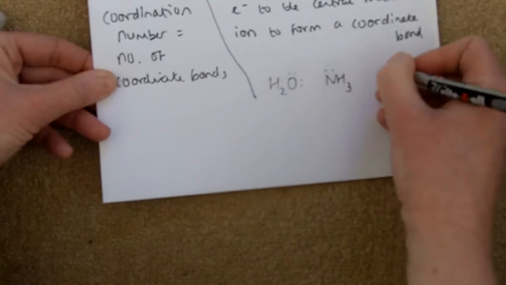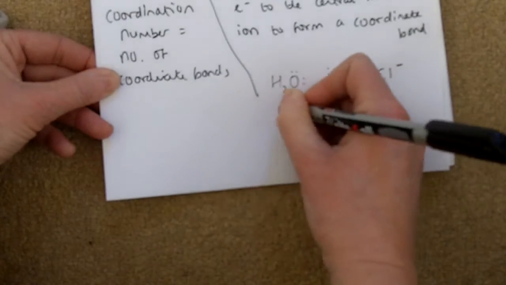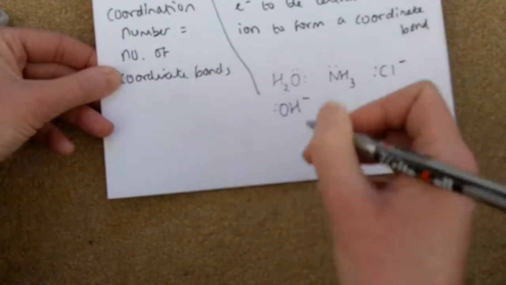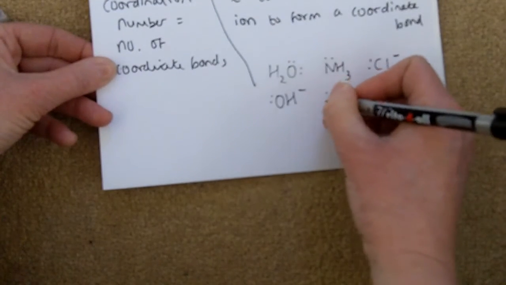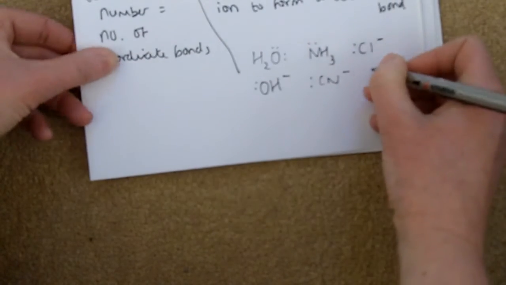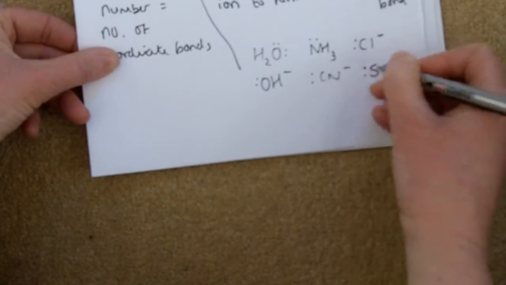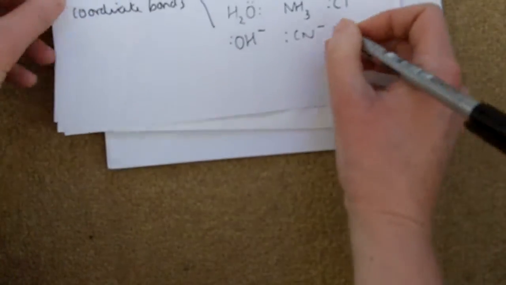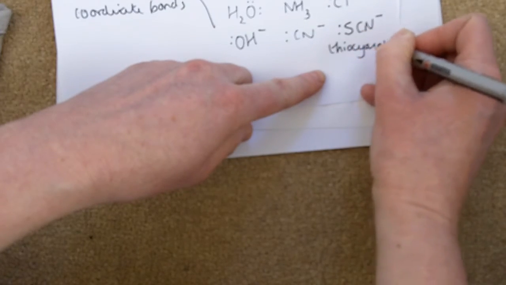You could have something like chloride. You could have hydroxide. You can have less well-known ones, but you might come across them, such as cyanide. And you might come across the thiocyanate ligand. Okay, I'm just going to write the name underneath. Thiocyanate ligand.